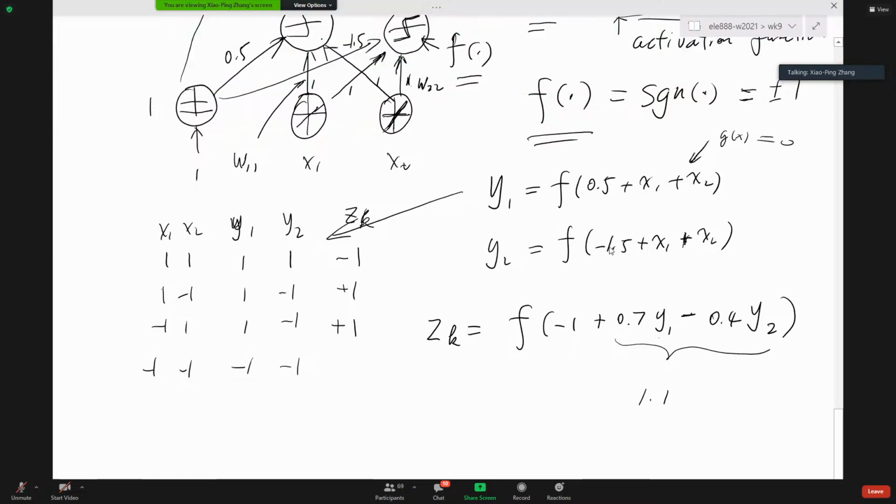Then if both y1 and y2 are minus 1, minus 0.7, and this is minus 1, it is positive 0.4, but you need to minus 1, and then at the end you have minus 1, right?